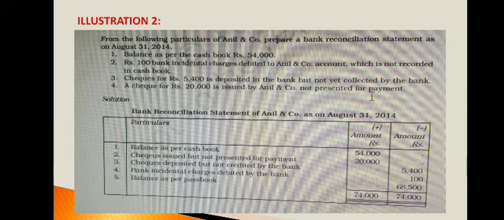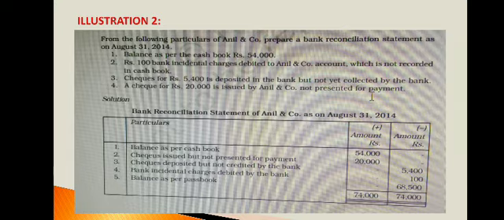As the check issued by Anil and Company is not presented to the banker, the banker did not deduct the amount. So in the cash book 20,000 rupees is deducted, but in the passbook it is not deducted, that is, it is still plus. So we take it in the plus column, that is, checks issued but not presented for payment, 20,000 rupees. So this is how the treatment is to be made.